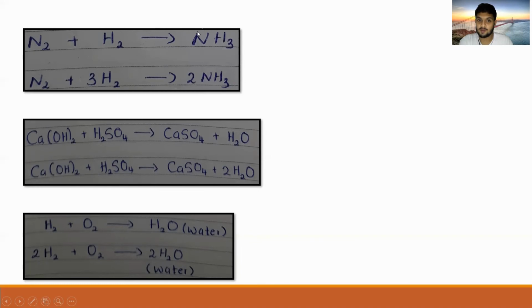When you put a 2 in front of this compound, the entire compound gets multiplied. Not only the nitrogen. So there are 6 hydrogens on the right hand side. Here now we have 2. So how do we make a 2 into 6? You can just simply multiply it by 3.